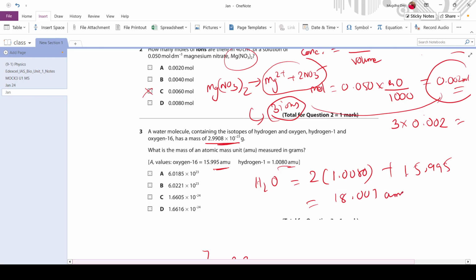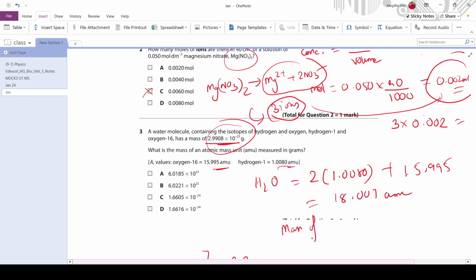Okay, now they've already provided you the actual mass, which is about 2.9908 times 10 to the negative 23. So they told you to basically find the mass of 1 AMU in grams. So what does it say? What is the mass of an atomic mass unit measured in grams?